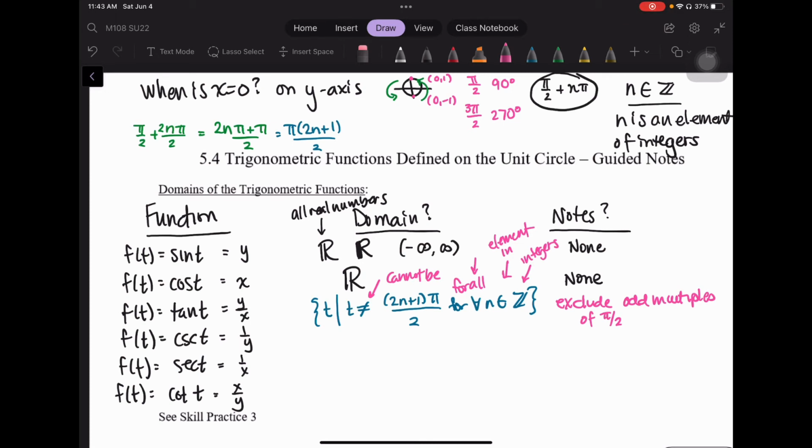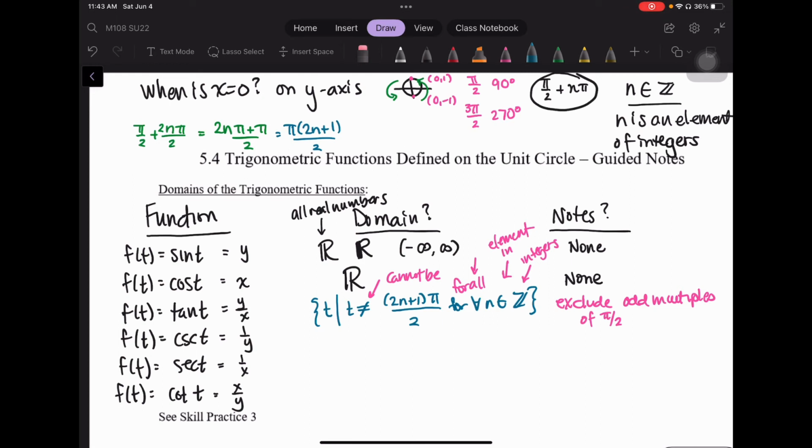because it's not every pi over 2 that x is a problem. It's every pi. And so 2 pi over 2 is just pi. That's not an issue. It's only pi over 2 and 3 pi over 2 that's an issue. The same thing is going to be true when I have secant because x is in the denominator there.